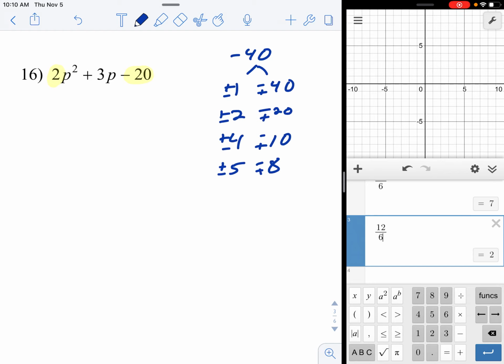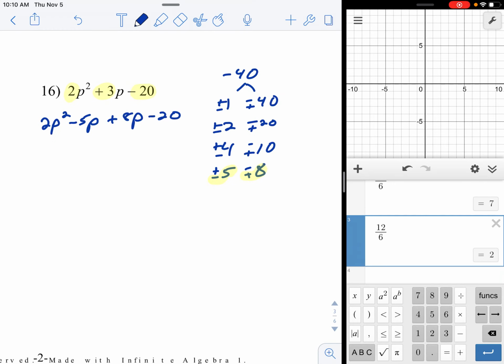And I think that's it. Now, can you find any pair of numbers in there that will add up to positive 3? I believe a negative 5 and a positive 8. So 2p squared minus 5p plus 8p minus 20. Right? These two add up to equal 3.